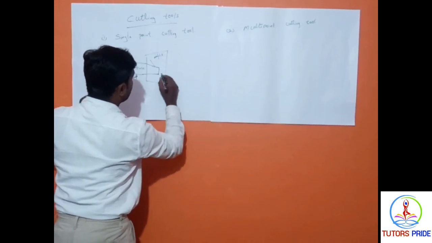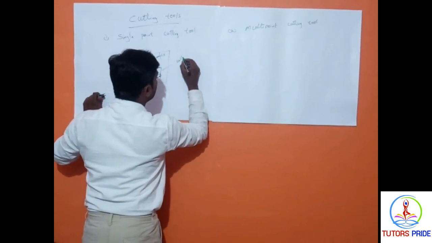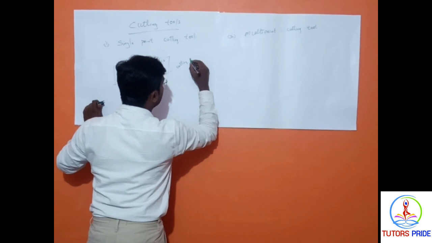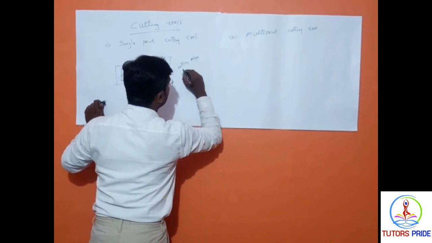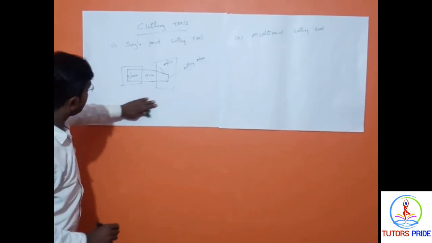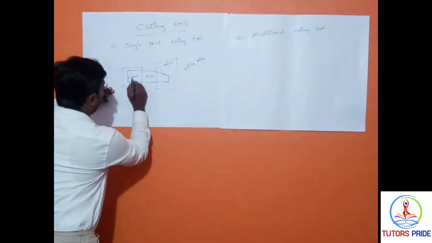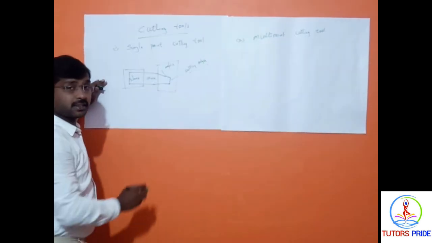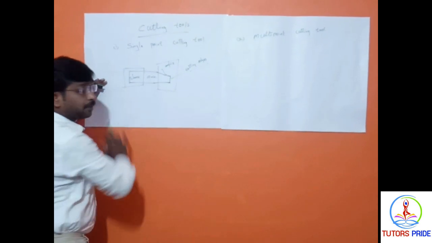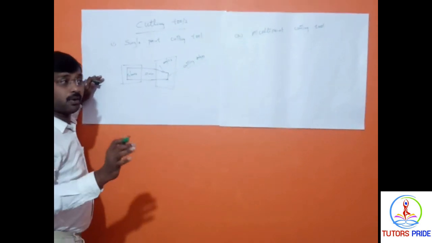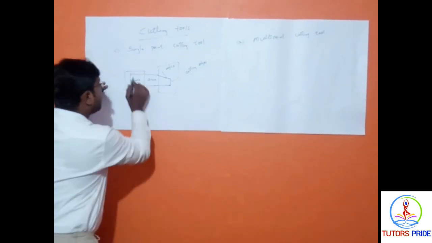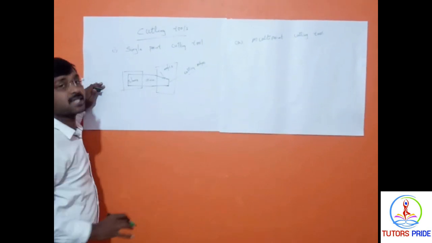All are angles, nothing but cutting edges. See, you are looking clearly, why is this shank very important? It is nothing but the tool holder part. Whenever you are holding any tool, that part is called the shank.